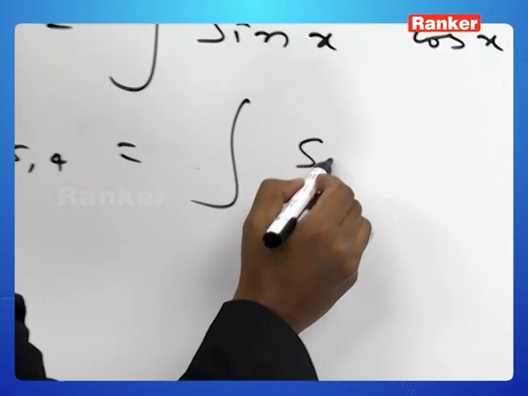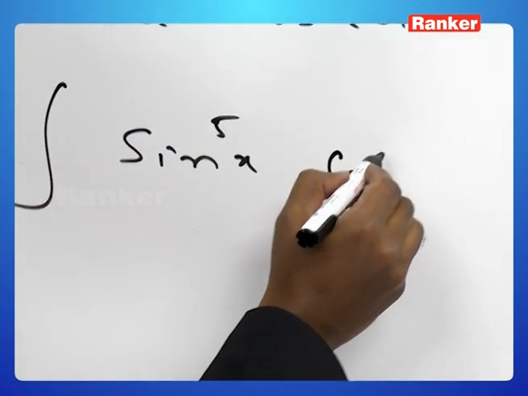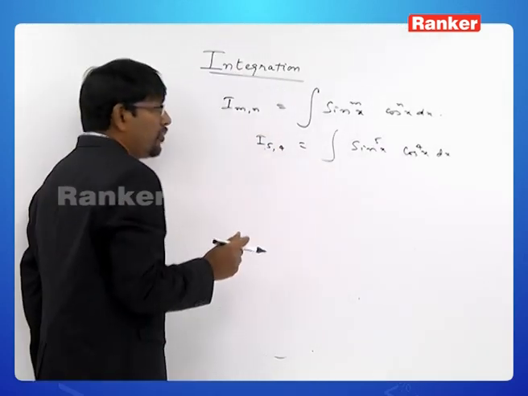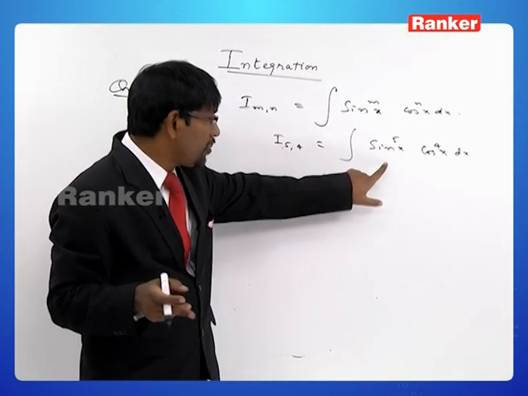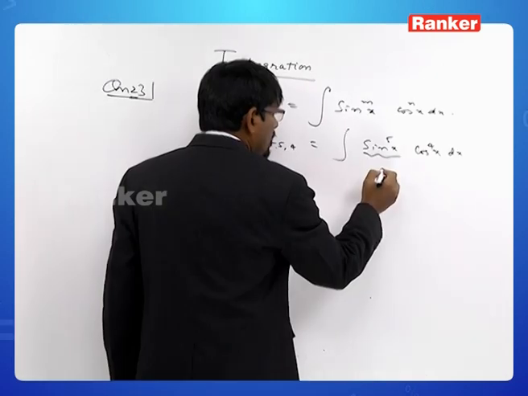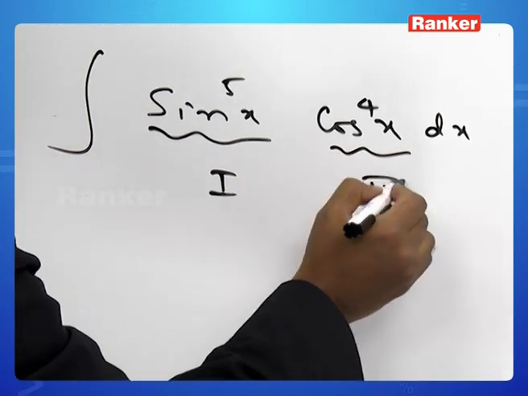What will be I 5 comma 4? Sin x raised to the power 5 into cos x raised to the power 4. We had to reduce this into I 3 4. That means we'll go for this as the first function, and this is the second function.